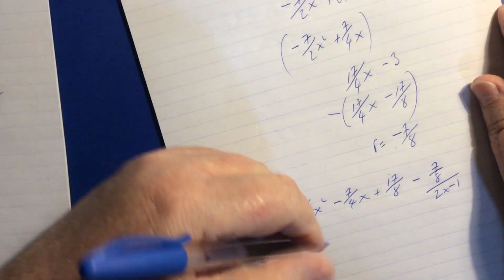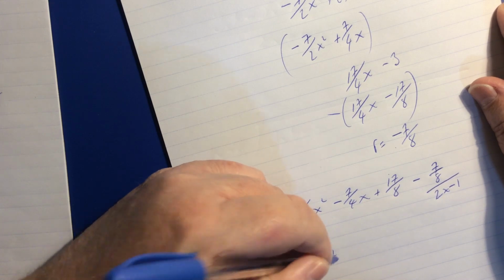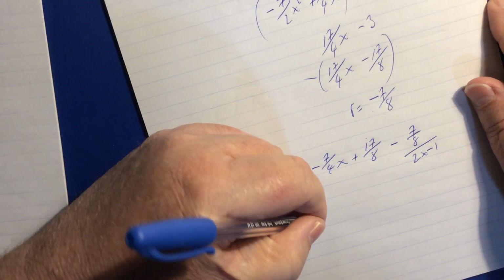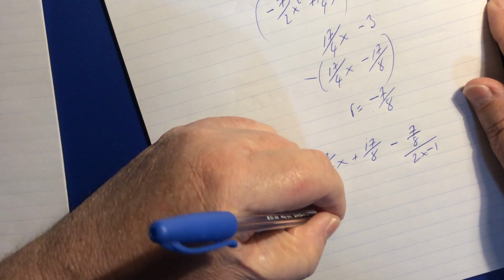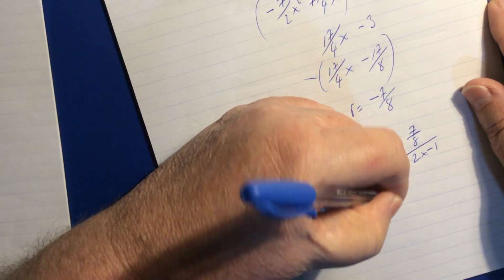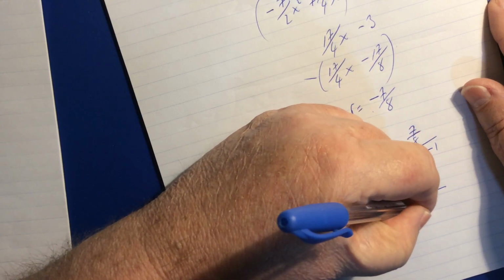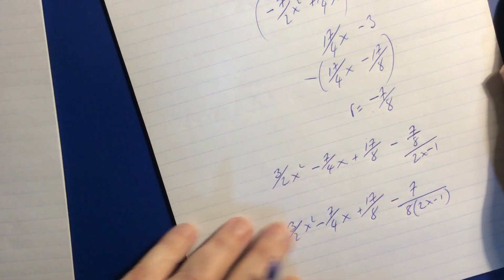I hope that that makes sense. So, final answer, 3 on 2x squared minus 7 on 4x plus 17 on 8 minus 7 on 8 into 2x minus 1.